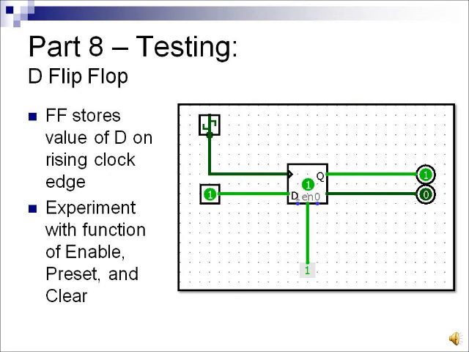Additionally, we experimented with the use of the enable, preset, and clear inputs on the flip-flop. The enable will allow the data value to affect the state only when it is high. The preset immediately sets the output to 1, and as long as the preset is asserted high, it keeps it at 1.